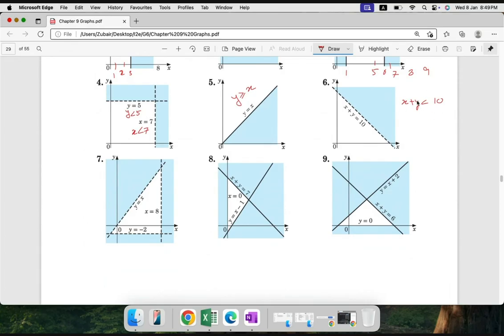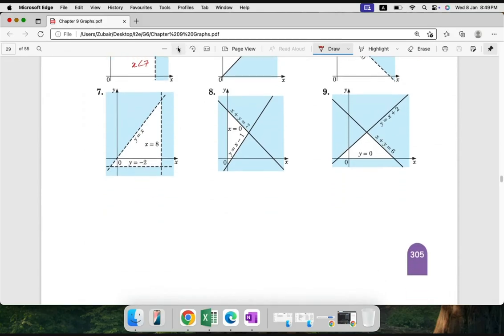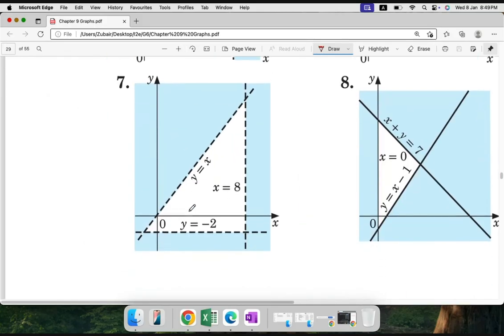Okay, one more, question 7. Start with the horizontal and vertical lines first. First this line, y minus 2. What should be the sign? Y will be greater. Y is greater. And now this vertical line.